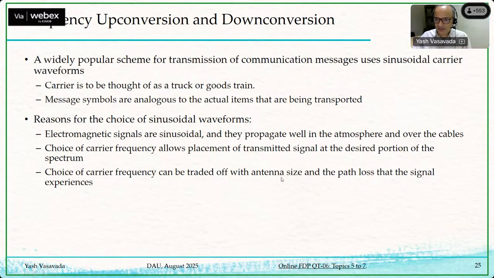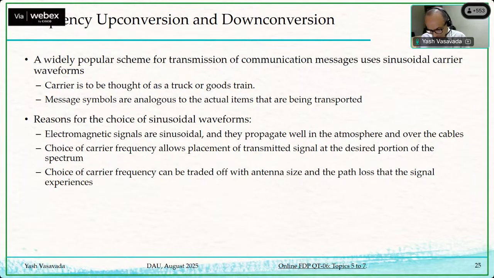More specifically, the frequency of the electromagnetic wave has a fundamental connection with the size of the antenna that you need and the path loss that the signal experiences. So suppose you say that my phone needs to be miniaturized, I cannot have a very big antenna.